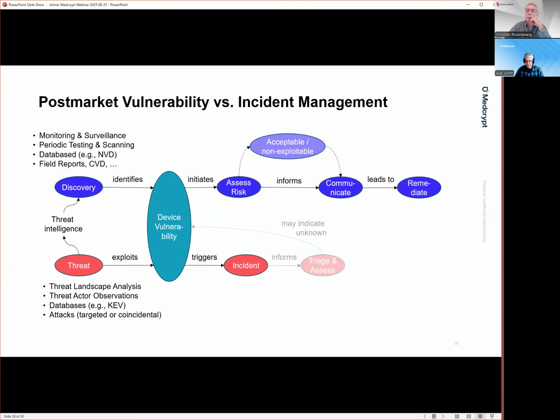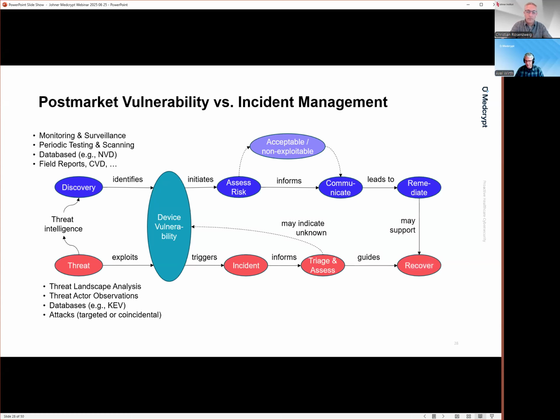Now, a security incident leads to then triage and assessment, but also may indicate a previously unknown vulnerability, right? You may miss a vulnerability in all your post-market signal collection and not find out until it gets actually exploited by a new threat you weren't aware of. So that is one connection between those two processes.